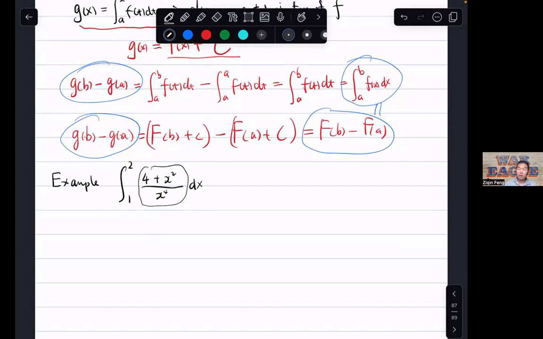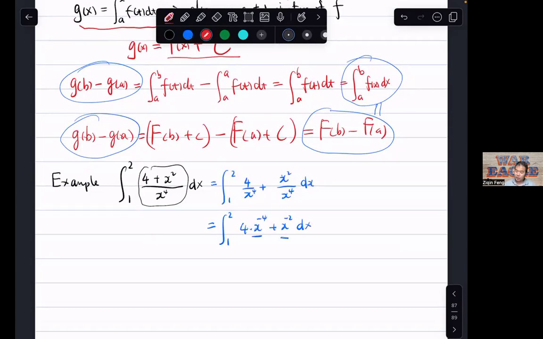We just know how to handle power functions and some elementary functions, and sums and differences. So this is the same integral from 1 to 2, changing it to functions we can handle: 4 times x to the negative 4 plus x to the negative 2, dx. These two are power functions, and that's a sum.